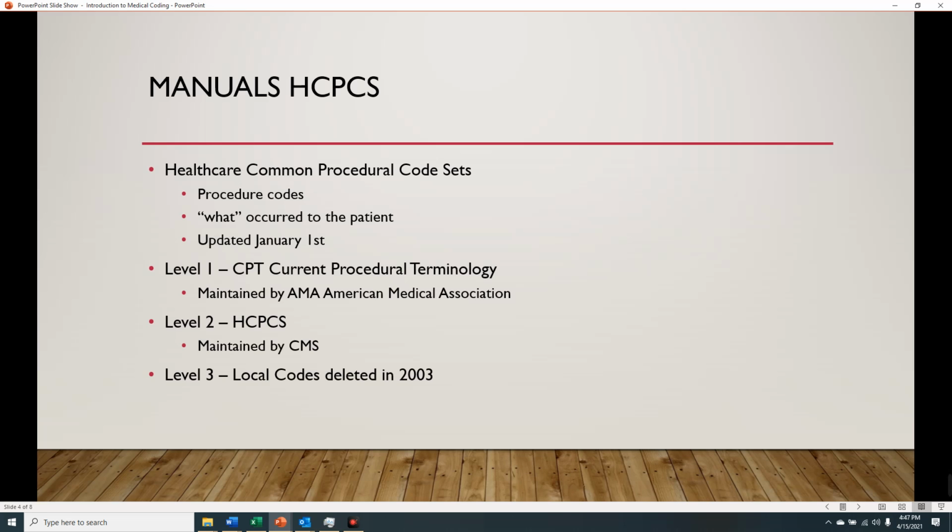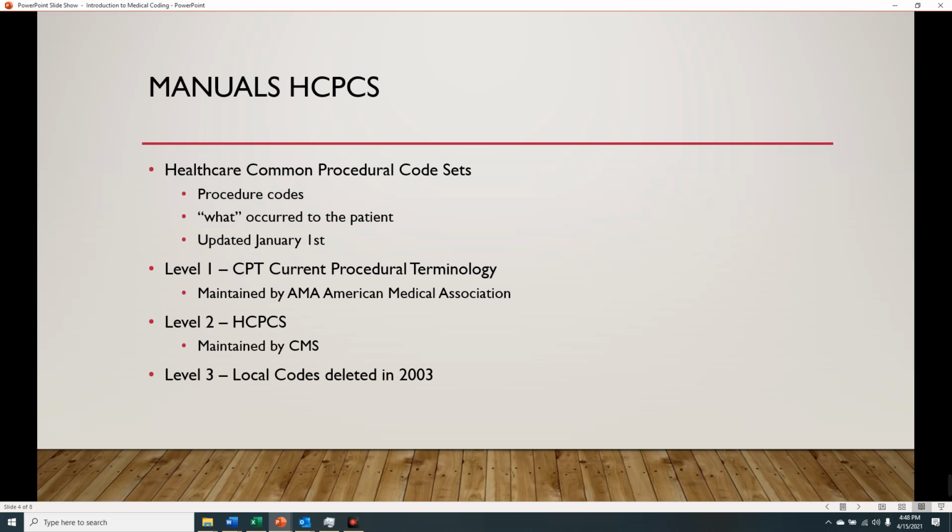But now we use the HCPCS level 1 codes using the CPT, or Current Procedural Terminology manual. That manual is maintained by the AMA, the American Medical Association. And then our HCPCS level 2 code manual is maintained by CMS, Centers for Medicare and Medicaid Services.